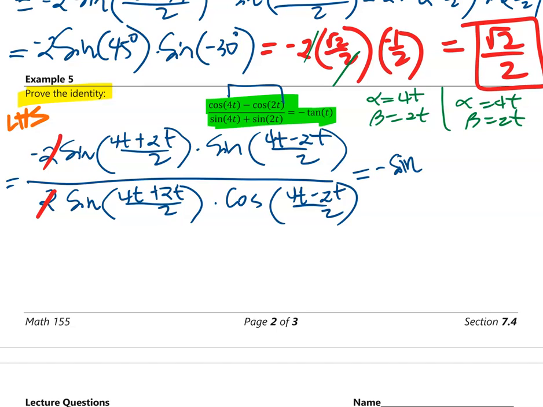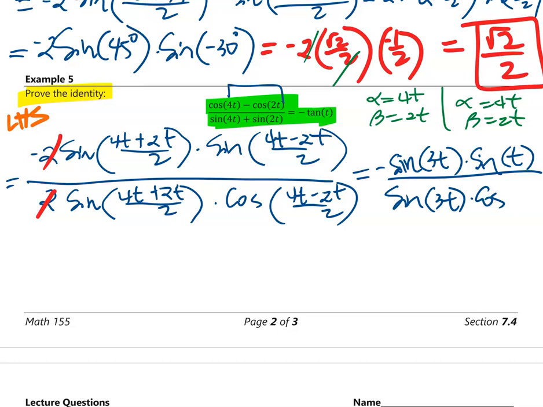Sine 4 plus 2 is 6 over 2 is 3t times sine of 4 minus 2 is 2 over 2 is t, over, same thing here, 4 plus 2 is 6 over 2 is 3t, cosine 4t minus 2t is 2t over 2 is t.